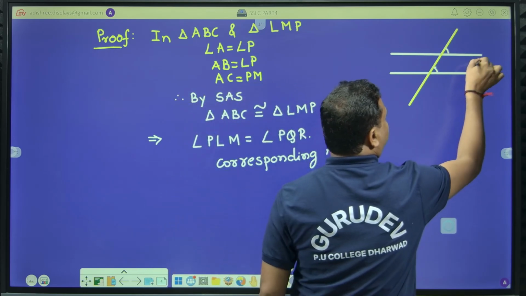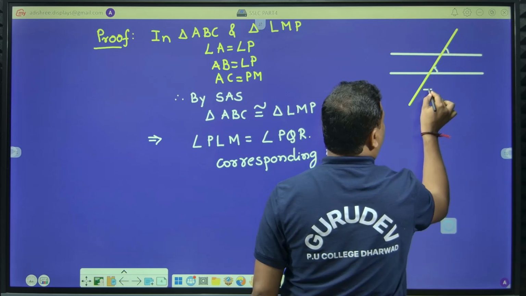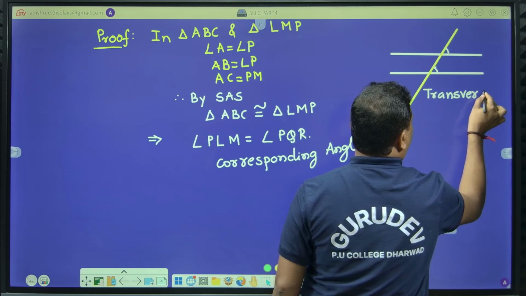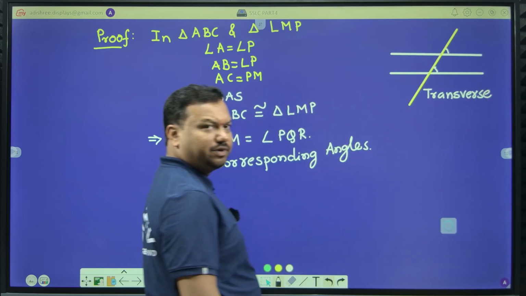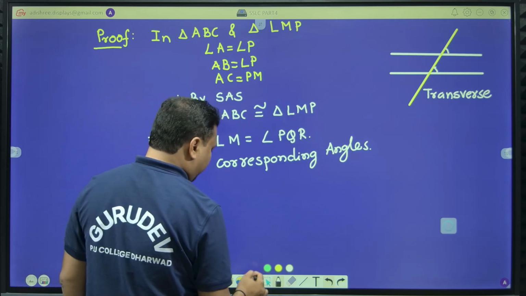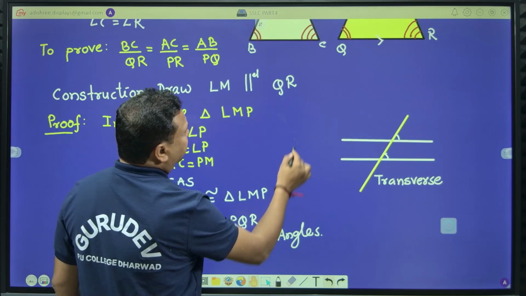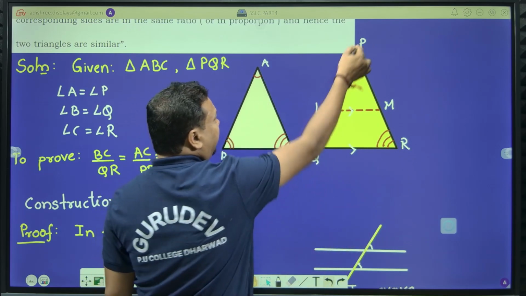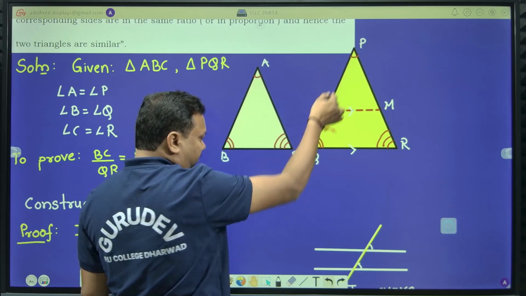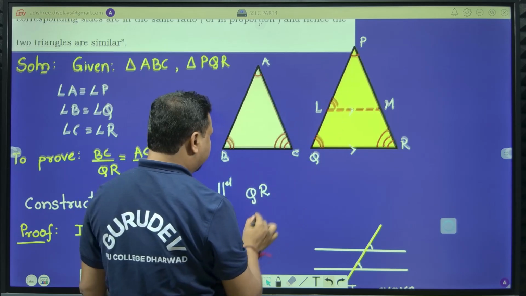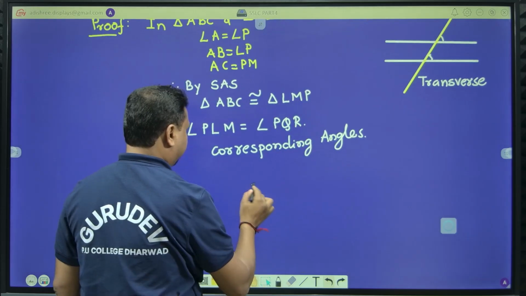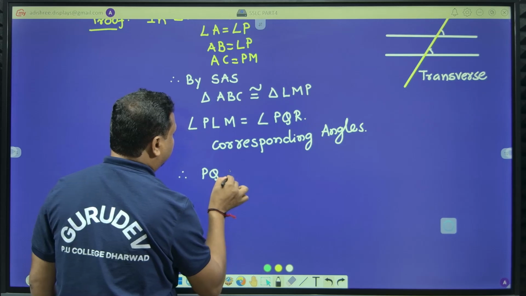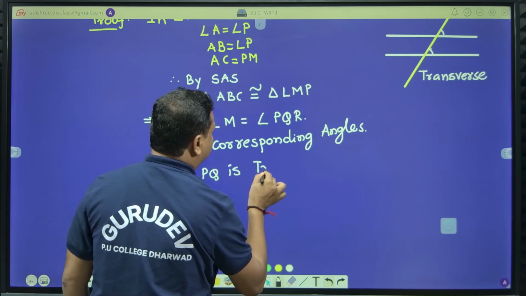So these two lines are parallel in nature, hence this yellow color line is called a transversal line. Similarly, in this diagram also LM and QR are parallel in nature. PQ is intersecting two lines, hence PQ is called a transversal line.